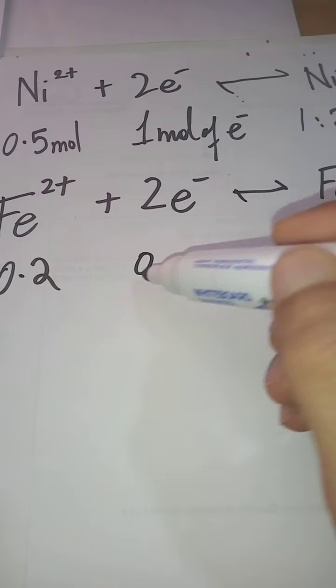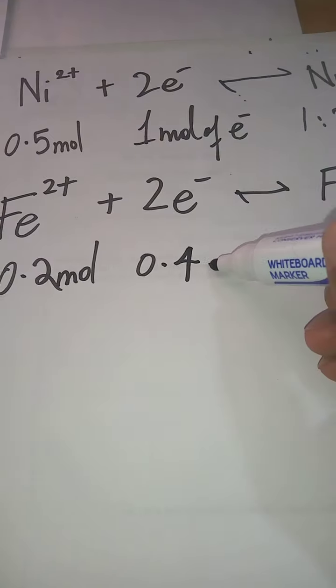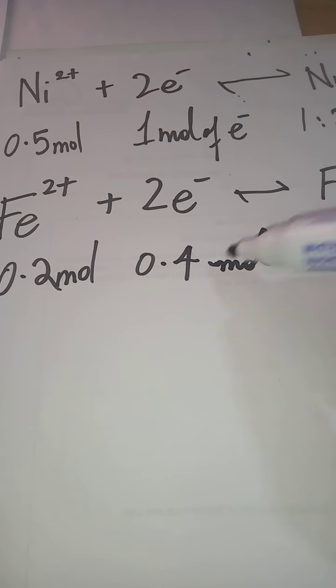If we had about 0.2 moles of iron atoms, we would require 0.4 moles of electrons.